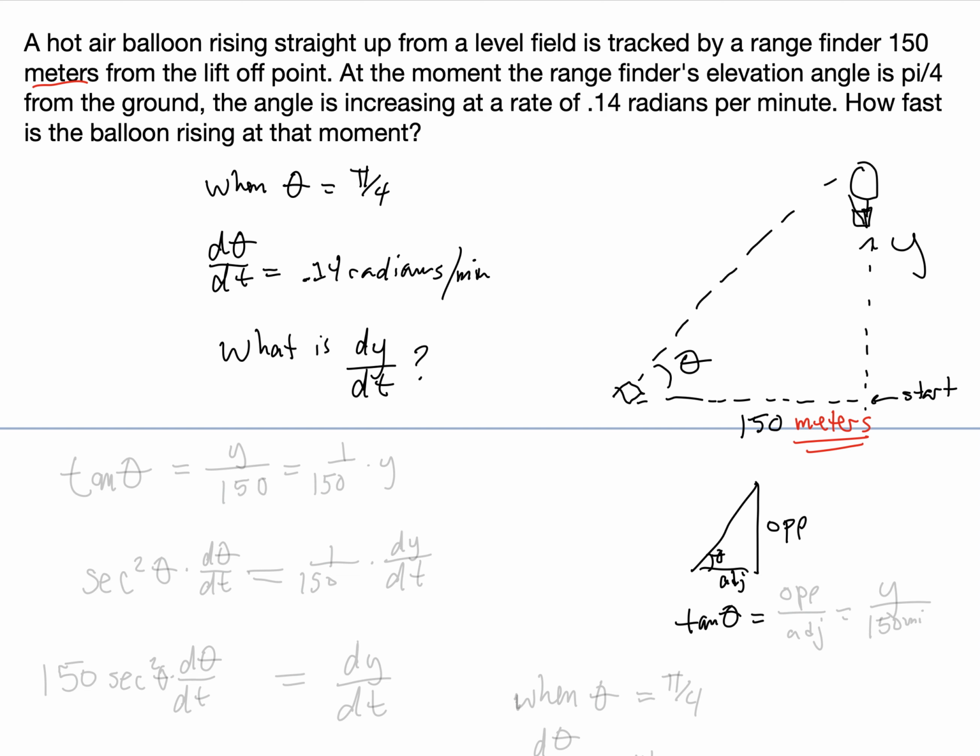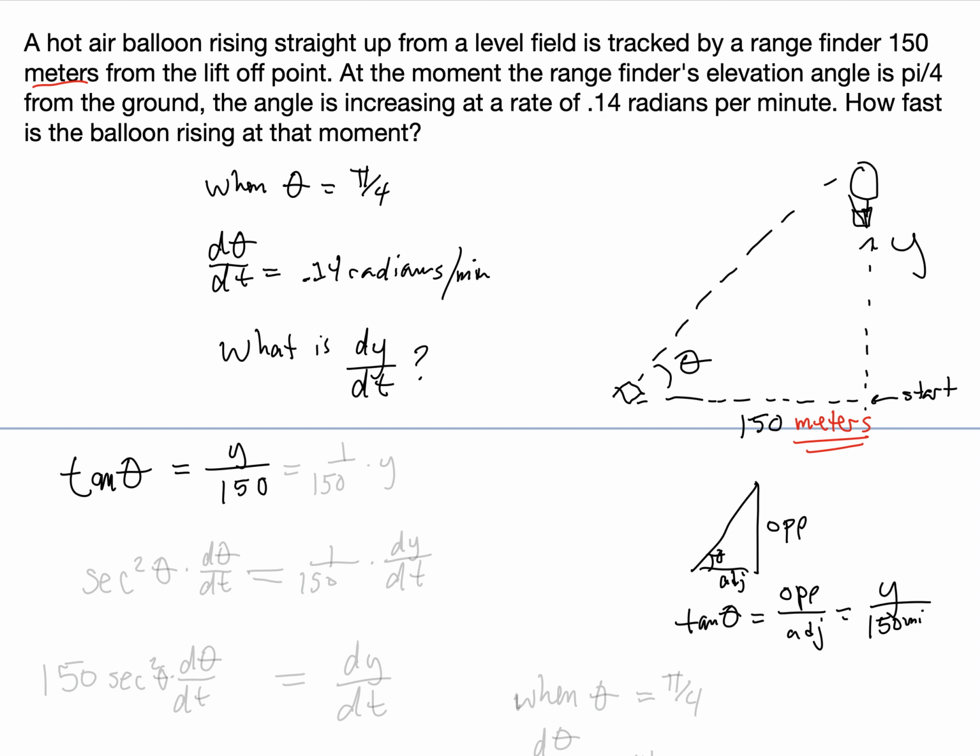Here, opposite is the height of this balloon, divided by the adjacent side length, that's 150 miles. So tangent of theta is equal to y over 150.